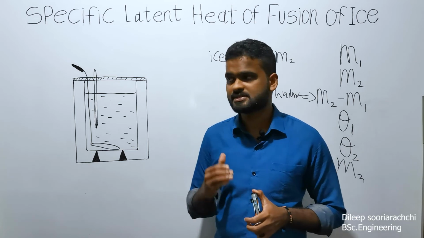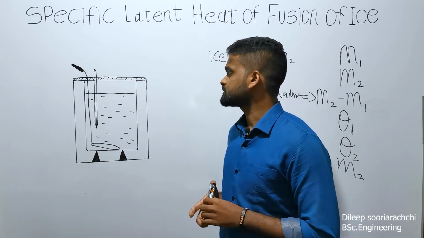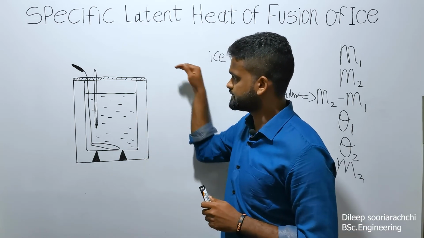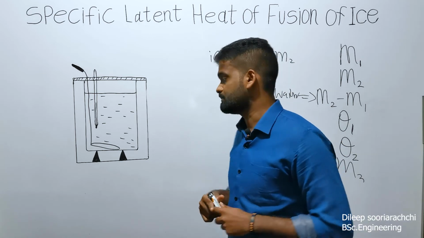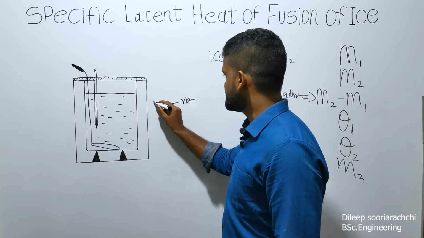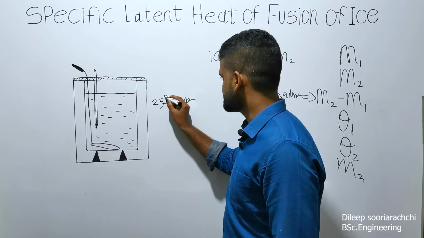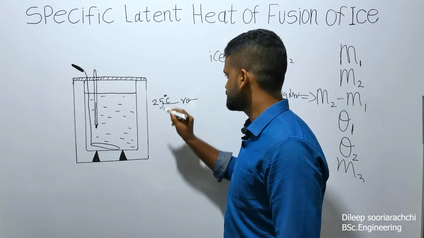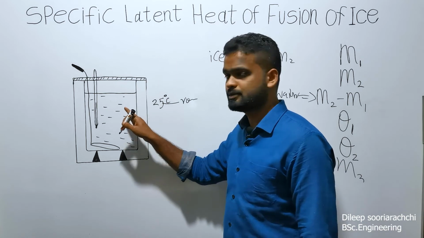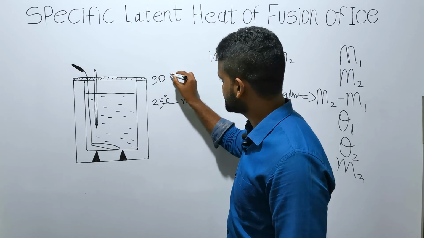Using the compensation method, we get water about 5 centigrades above the room temperature. Let's say the room temperature is 25 centigrades. So for the experiment, we need to get water at about 30 centigrades.